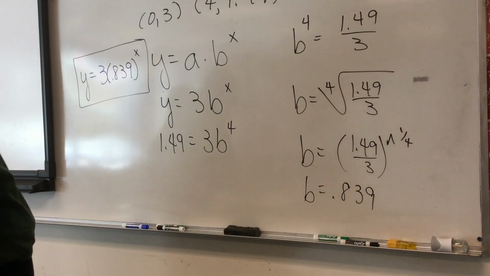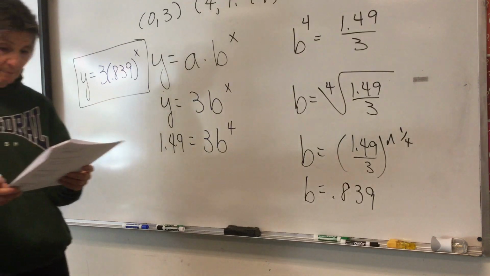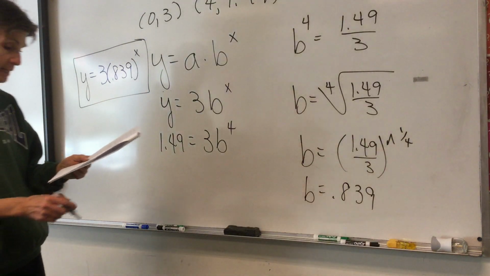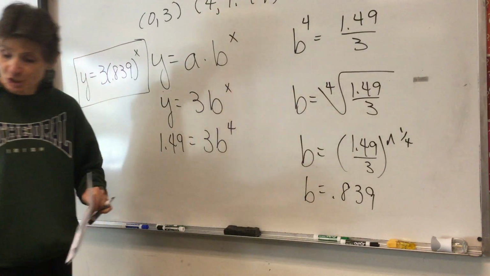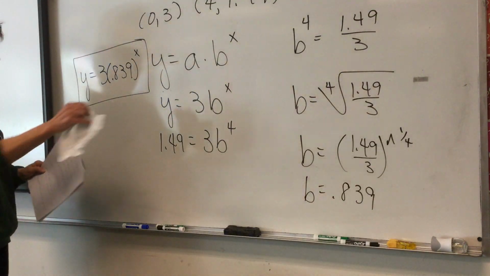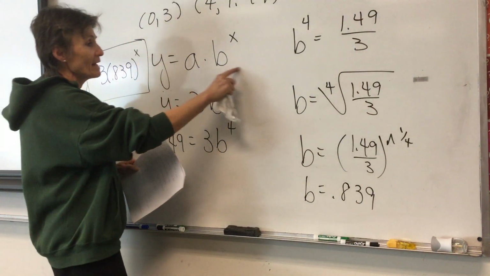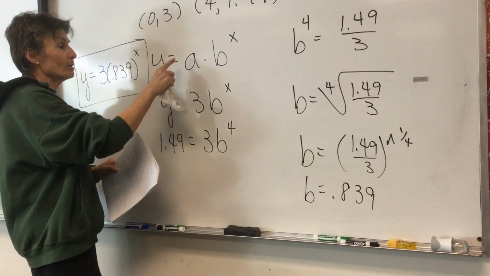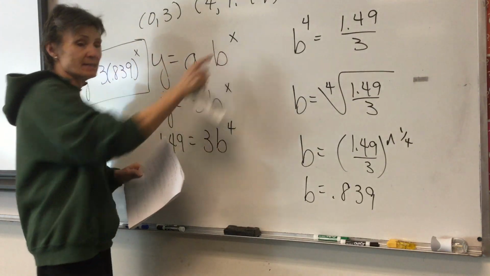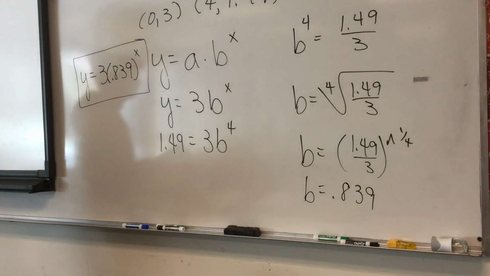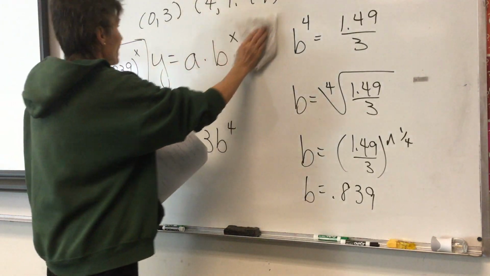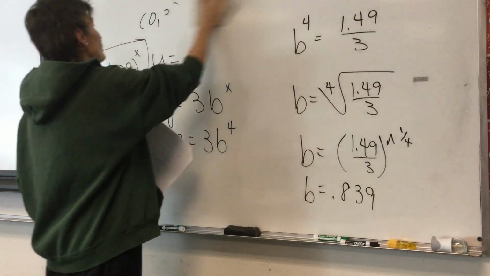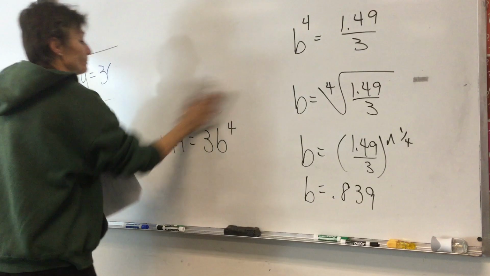Okay, so now we're going to switch gears a little bit. We're going to number 5 now, and we're going to write logistic functions. So remember, exponentials are y equals a times b to the x. Now we're going to have a different format because we're doing a different kind of equation.